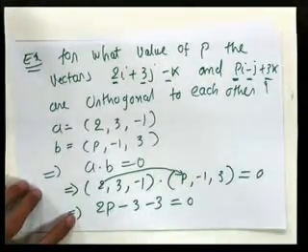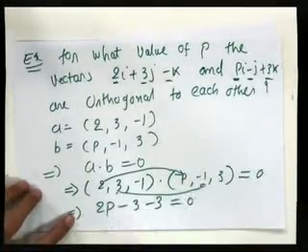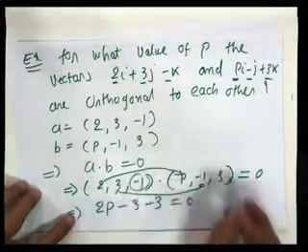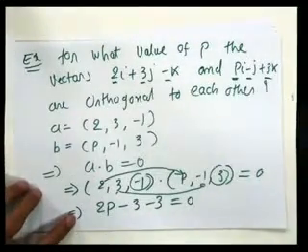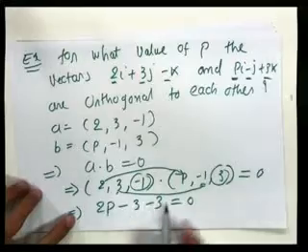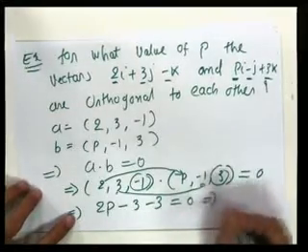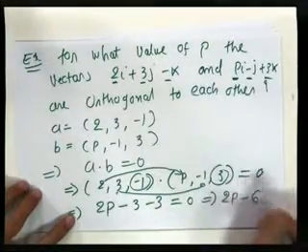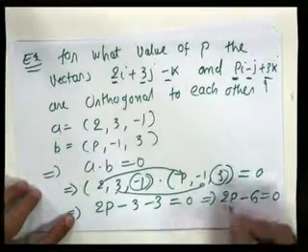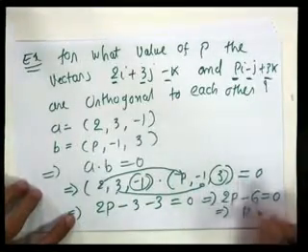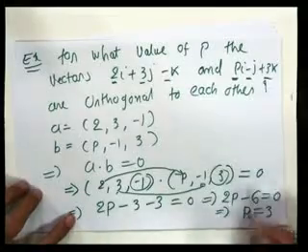Here 2 with p, then 3 with minus 1, then minus 1 with 3. So 2p minus 6 is equal to 0, which implies we will quickly get p is equal to 3.